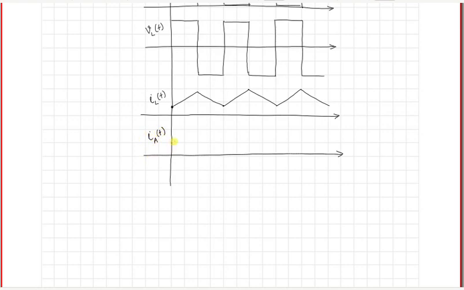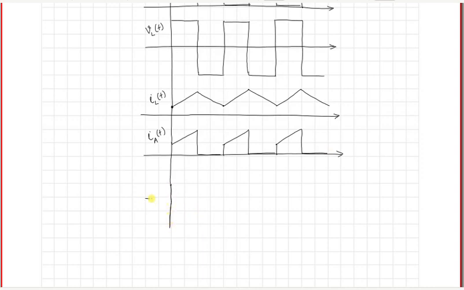You would have the waveform appearing like so. That would be the waveform for the current through switch A.